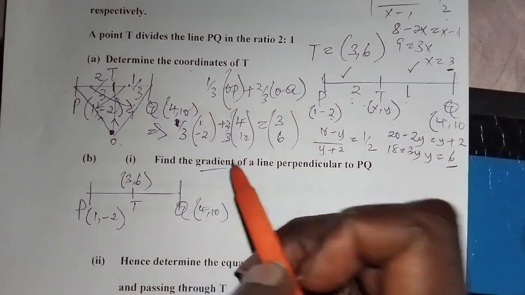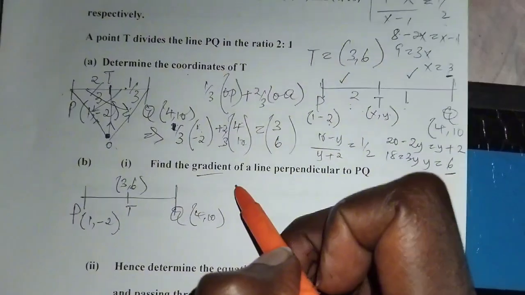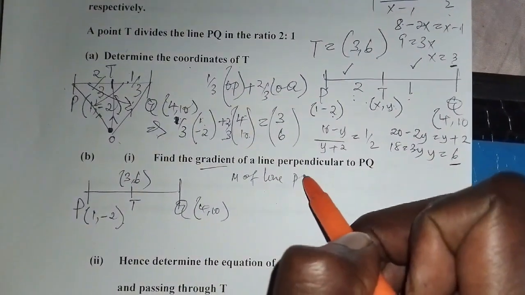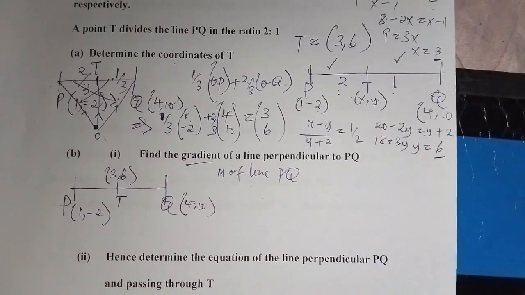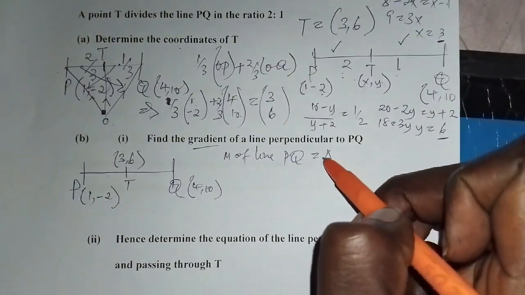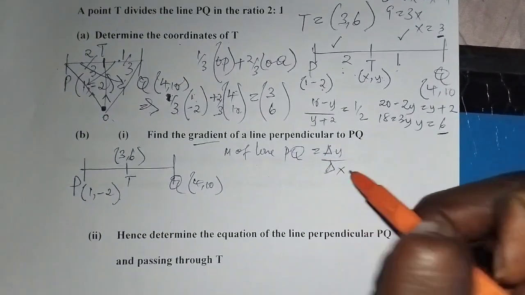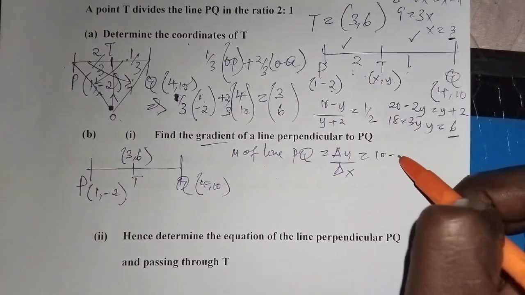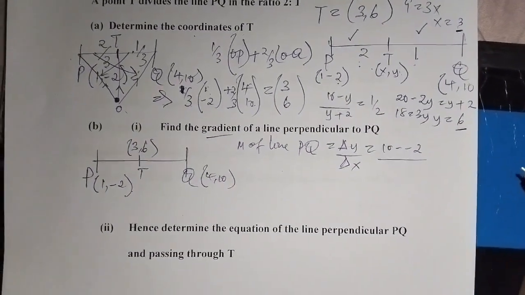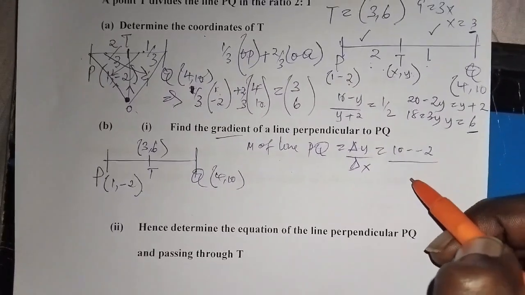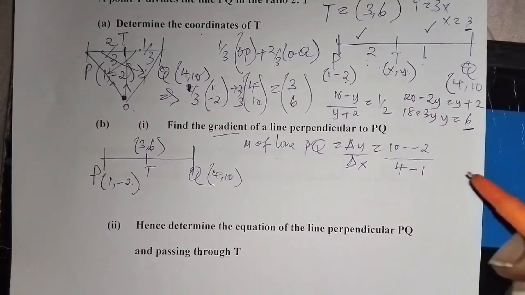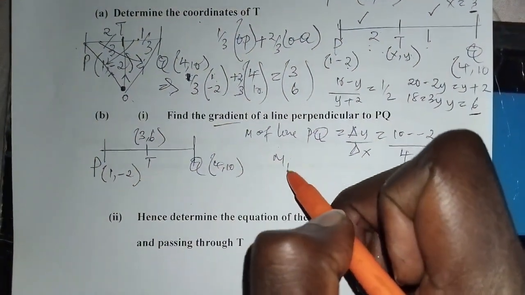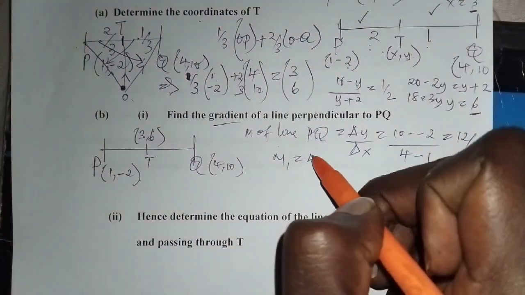So first of all, we need to find the gradient of line PQ, which we know is change in y over change in x. So we have 10 minus -2 over 4 minus 1, which will give us 12 divided by 3. So our M1 is 4.